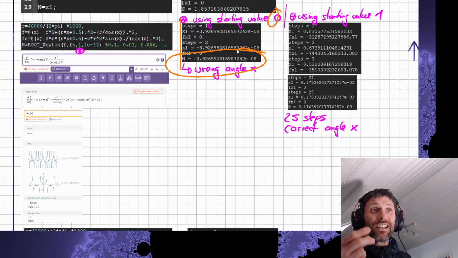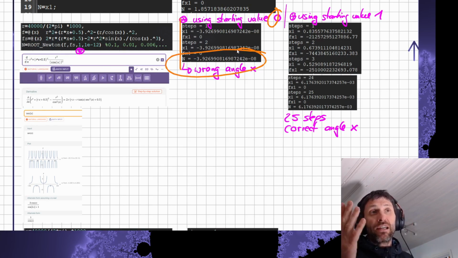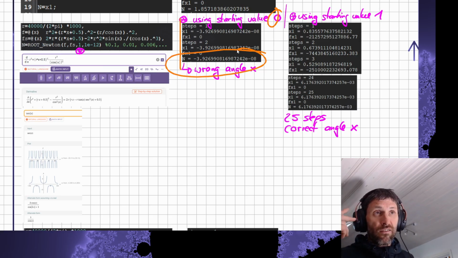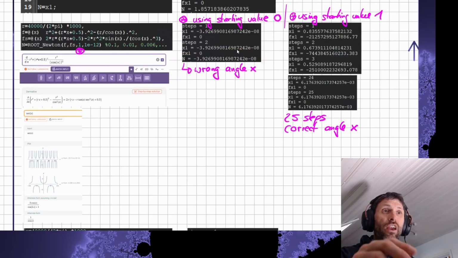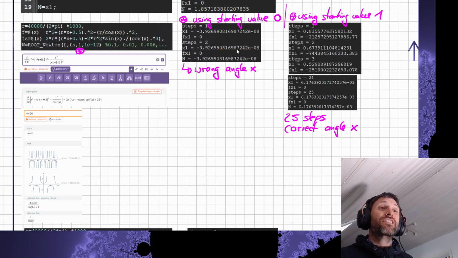You get a negative angle which does not make sense at all. You know it's some angle between 0 and 1.5. And then the algorithm will give you a ridiculous nonsense root. So you have to provide good starting values, but good in the sense of Newton iteration.